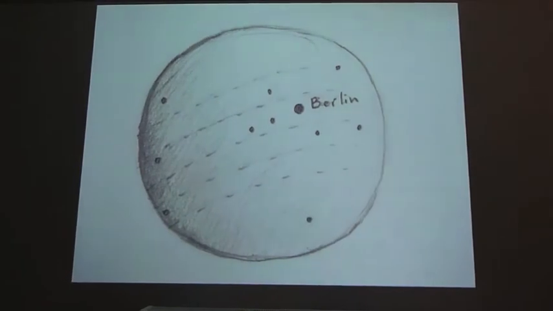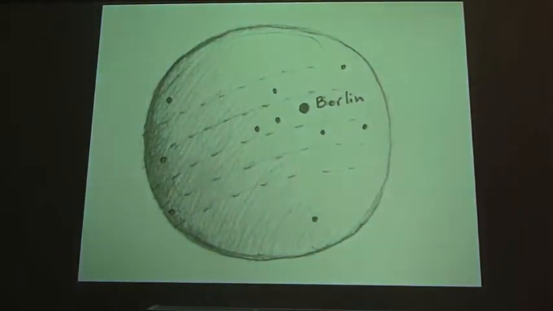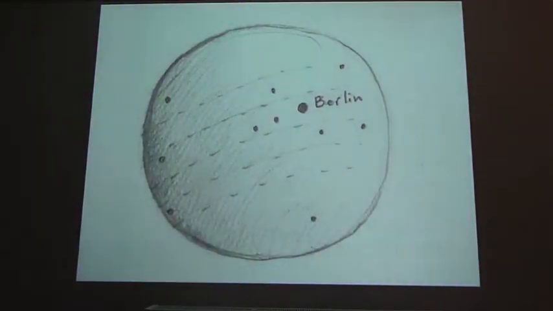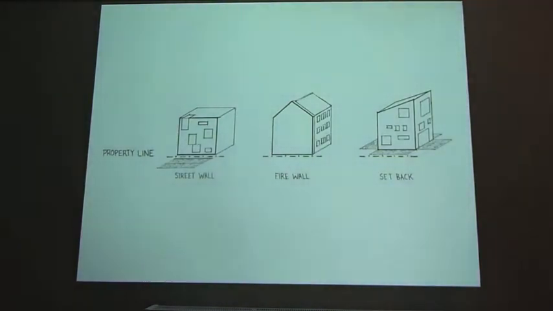So if we look at cities as points on a globe, one thing's clear. We're not going to be able to pick up Berlin and put it next to New York tomorrow. We have a physical location here, and it's affected by climate, topography, neighboring cities and regions. But Berlin can also be thought of as composed of one-dimensional lines, like property lines, which can be pretty hard to change, and they affect the way buildings stand.